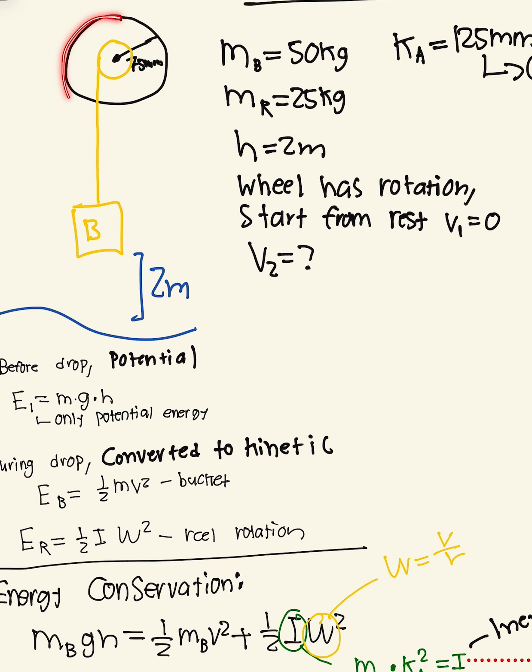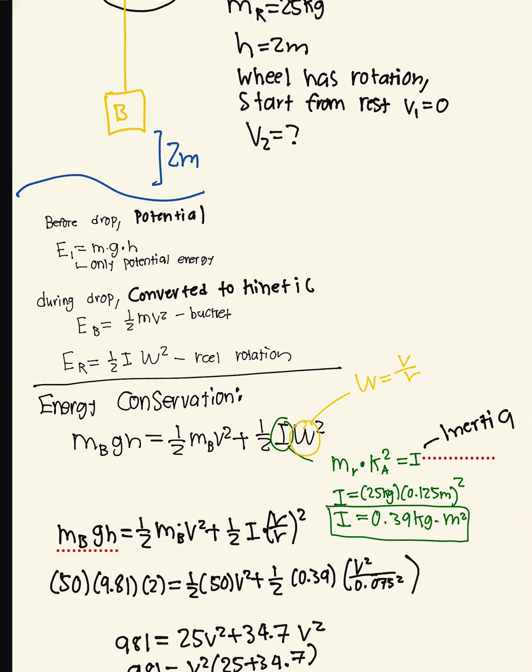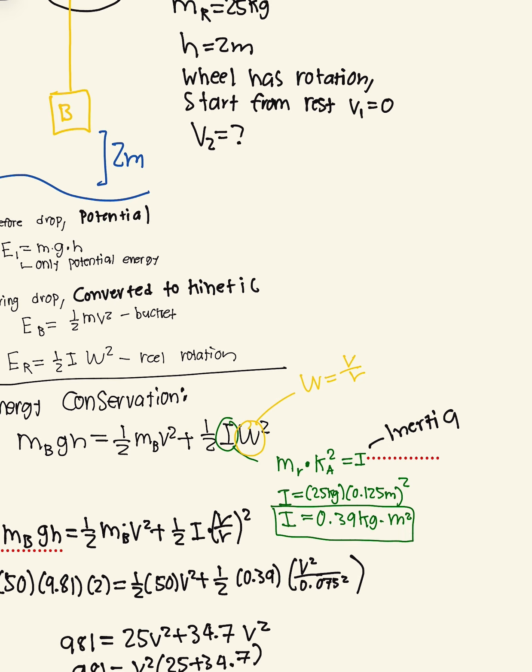And during this process, another energy comes into play: the energy from the reel's rotation, which is similar to half mv squared but varied a little bit, with inertia times angular velocity squared. According to conservation of energy, we set these two equal to each other. So potential energy equals the two kinetic energies, and this is how we set up the equation.